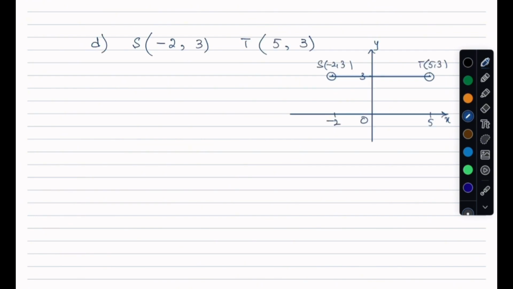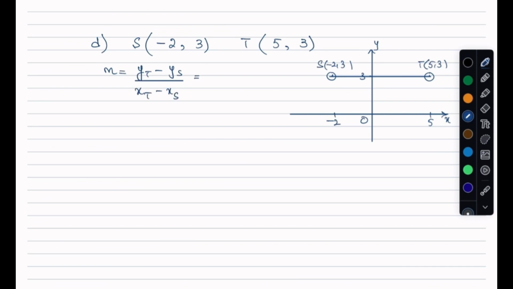Find the gradient of the 2 points S (-2, 3) and T (5, 3). Again, I have sketched S and T on the x and y axes, and what I see here is that my y coordinate is constant, so the change in y needs to be 0. Therefore, the gradient needs to be 0. Let's do it by the formula also.